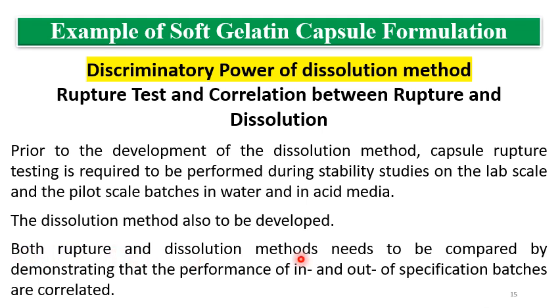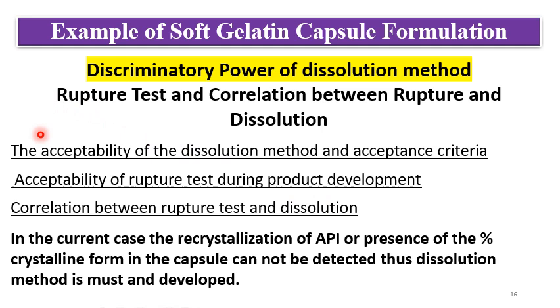Both rupture time and dissolution methods need to be compared by demonstrating that the performance of in and out of specification batches are correlated. That means if the batch fails in rupture time, it will be reflected in the dissolution, and if the batch passes the rupture test, it will pass in the dissolution also. But here for this formulation, if the capsule contains crystalline API, the rupture test will be passed for all the batches, but the dissolution test may fail.